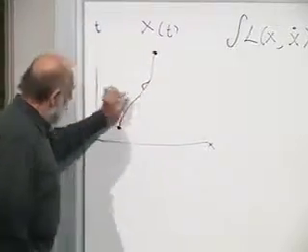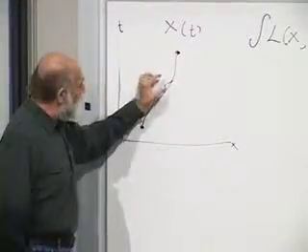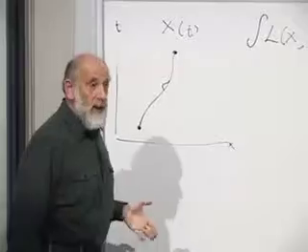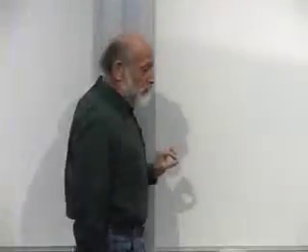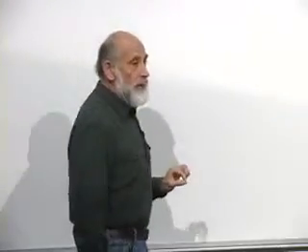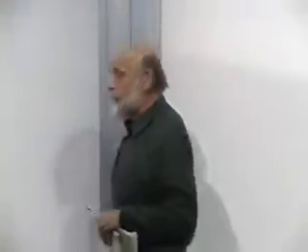Recalculate the action as it deviates from its value along the true trajectory, and then require that when we vary the trajectory a little bit, the action always increases. Now, assuming that it increases really is basically the same as assuming that it doesn't change.